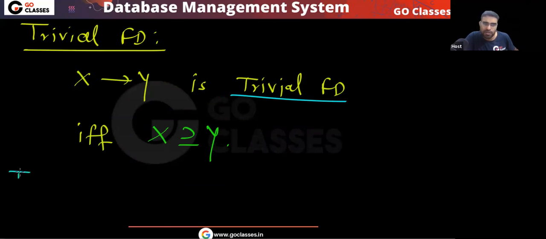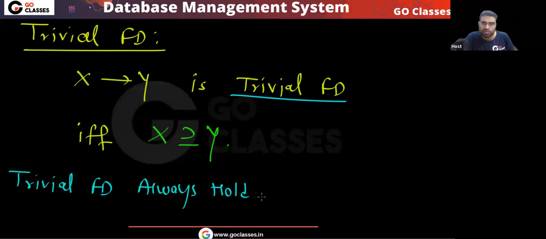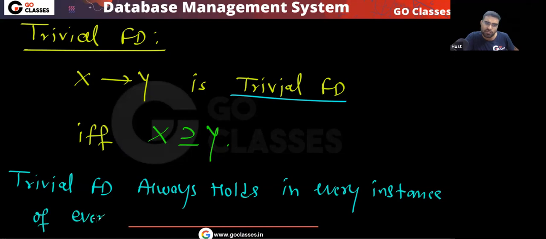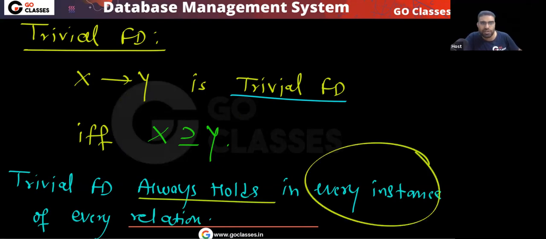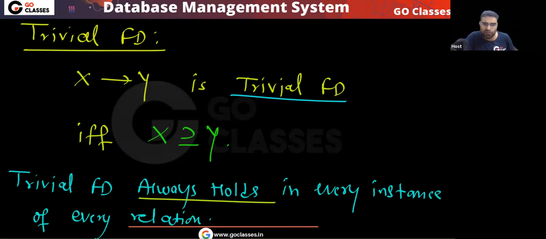And remember, a trivial functional dependency always holds, in every instance of every relation. Is this point clear? So this is the concept of trivial functional dependency.